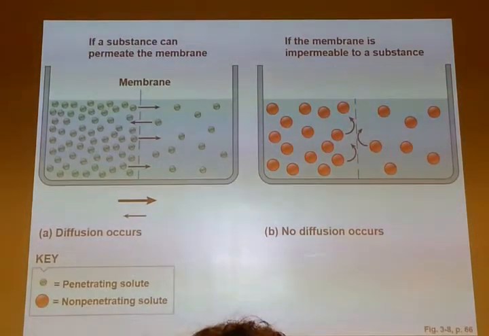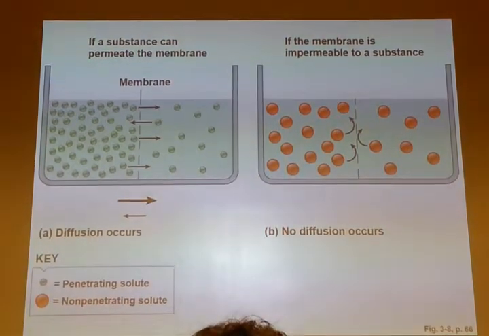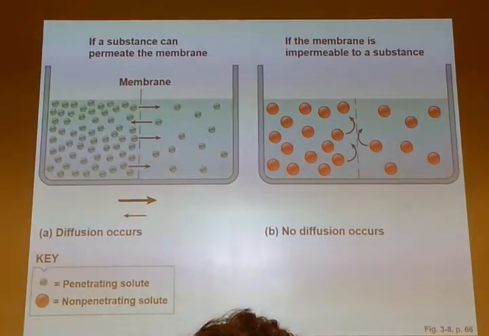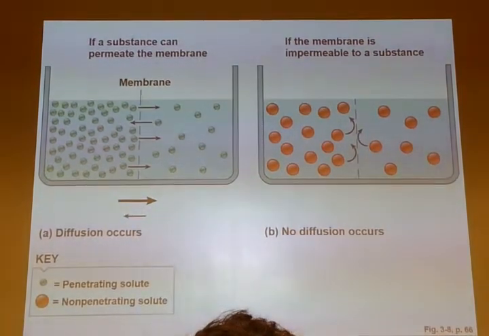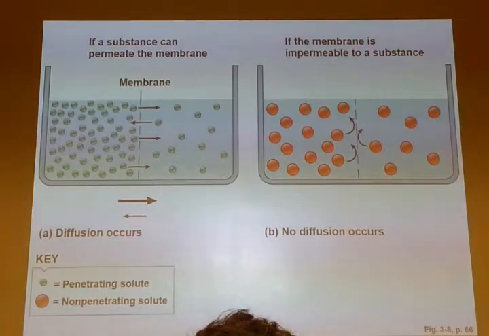Okay, this says no diffusion occurs. Right or wrong? Wrong. You're supposed to say, wrong! What moves? Where does it move? Don't mess your minds. Look, where is water in the highest concentration?